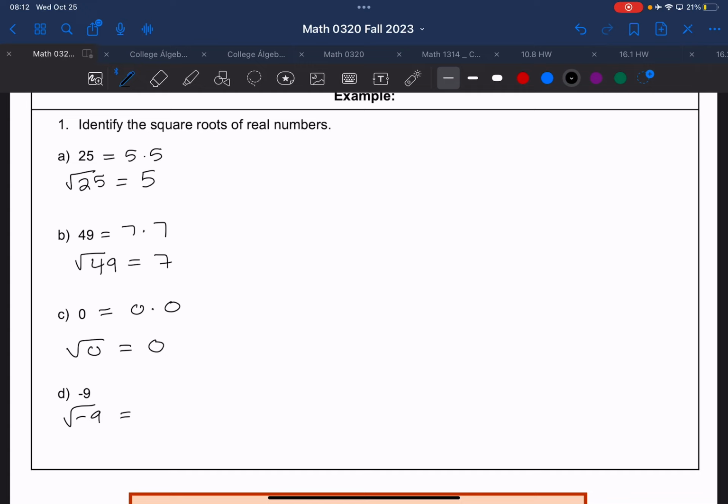That's in more advanced courses. Just think of it: can we take the square root of a negative number? No, so it would be no solution. I don't think in this course we even talk about imaginary numbers or anything. So it's just no solution.